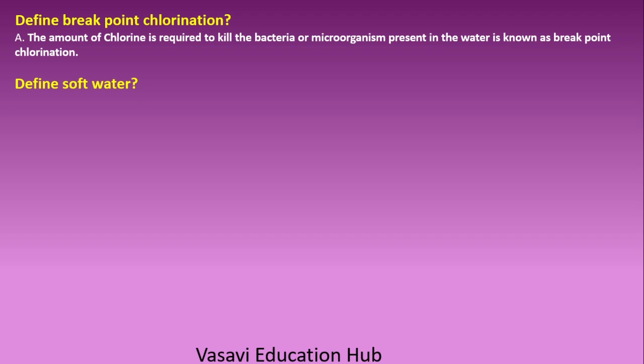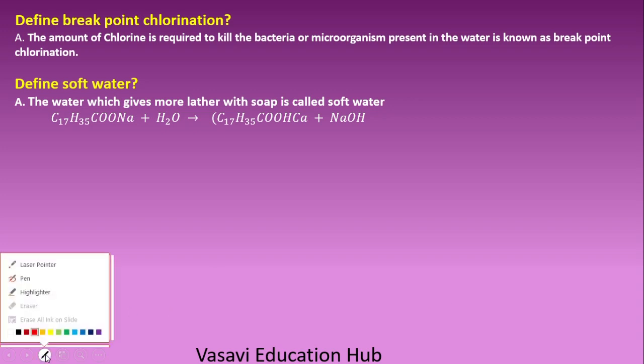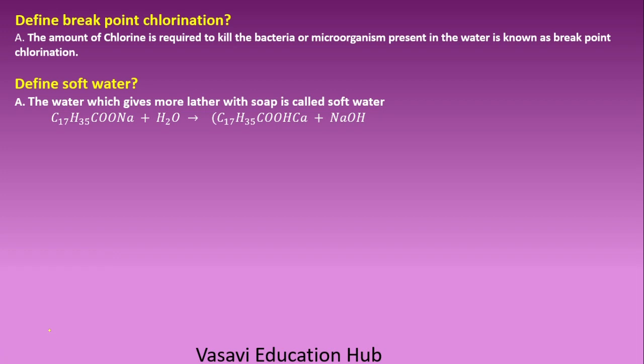Okay. Next, define soft water. What is meant by soft water? The water which produces lather with soap is called soft water. Generally the formula for soap is C17H35COONa. This is a sodium salt of fatty acid, or we can call it sodium stearate.